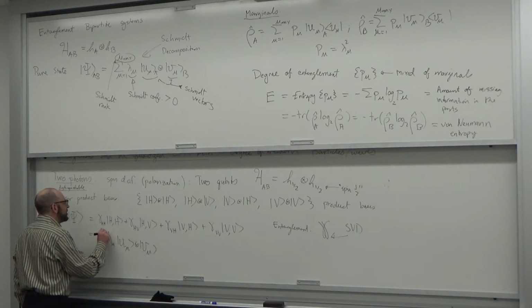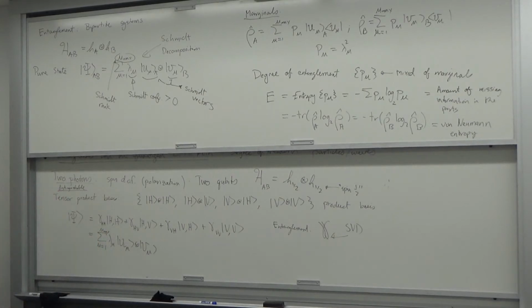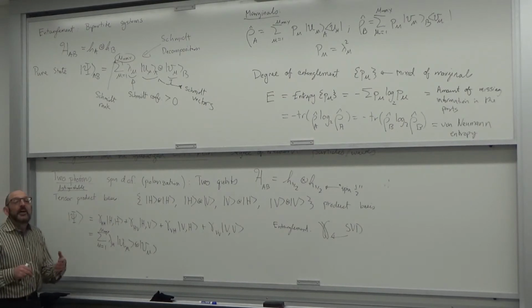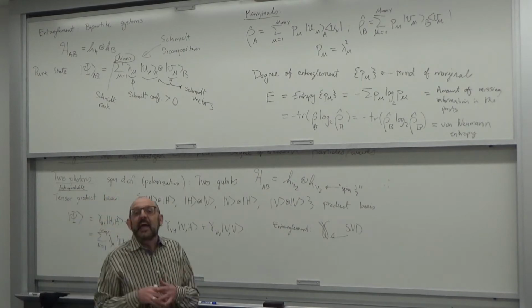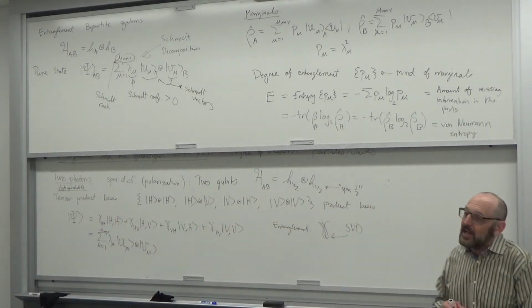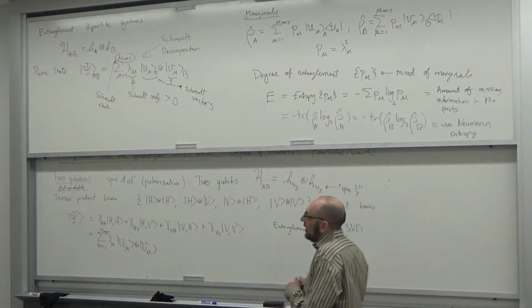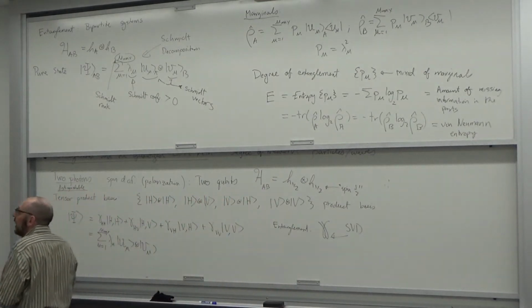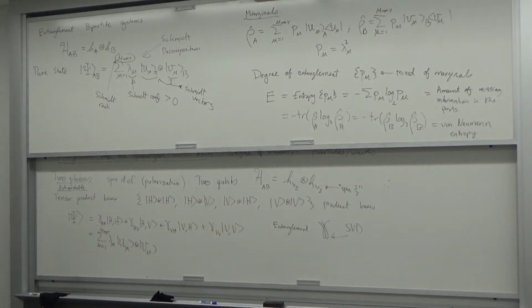And what's the maximum possible value of mu max? 2, right? So in principle, I could have one e-bit of entanglement, right? I could have something that looked like a spin singlet here, for example.